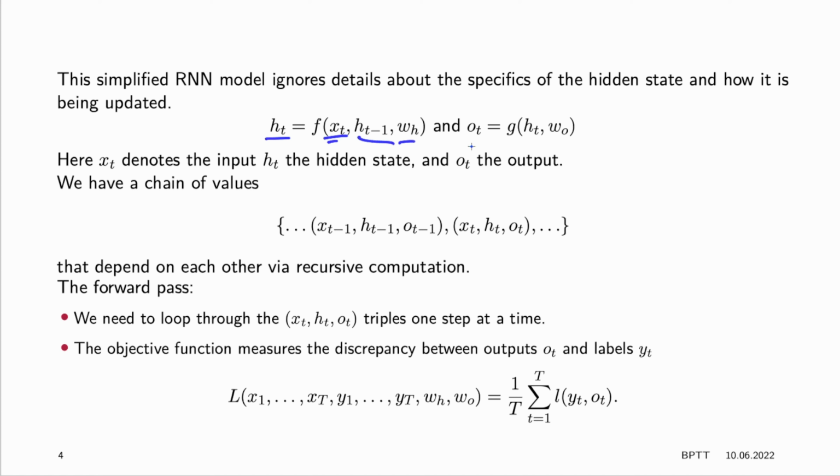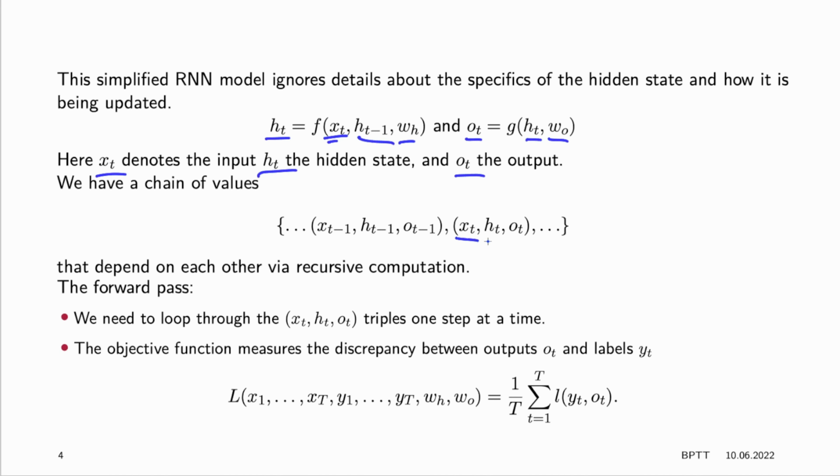Given this hidden state at time point t, the output is computed as a function g of our hidden state alone and some parameter weights of this output layer. So again, xt denotes the input, ht the hidden state, and ot the output.